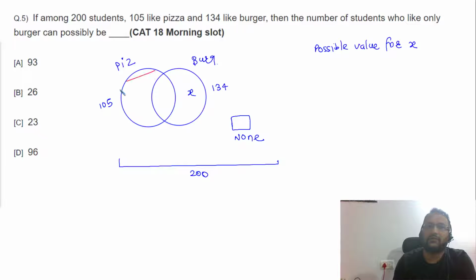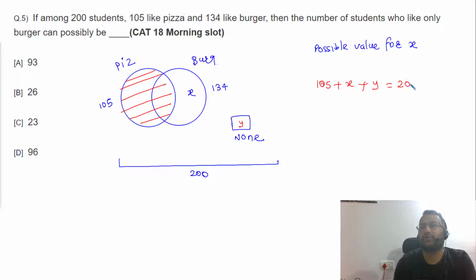Can I write the pizza circle is 105? Out of the pizza circle there is x and there is, let's say, none is y. This addition is supposed to be 200. So x plus y, this addition is supposed to be how much? This addition is supposed to be 95. Okay. So from this we can conclude that the value of x has to be less than or equal to 95.